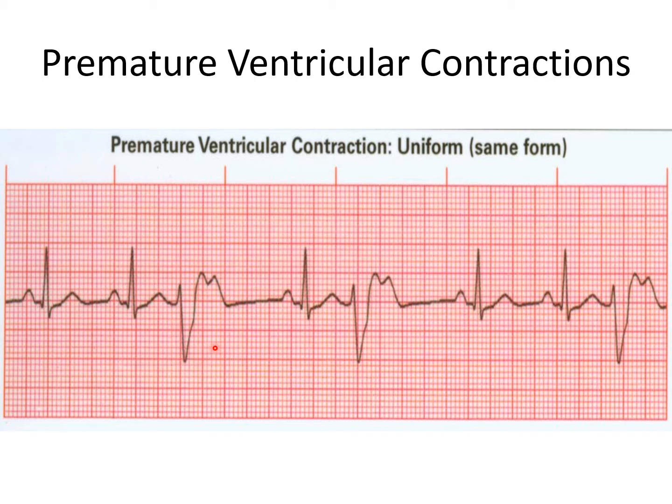This whole bizarre, wide complex is referred to as a PVC. Don't try to make any sense of it. At this point, it's just wide and bizarre. That's how they describe it. And then there's a little bit of an extra pause in here because we're waiting for things to come back to normal. And indeed, we get the P wave.